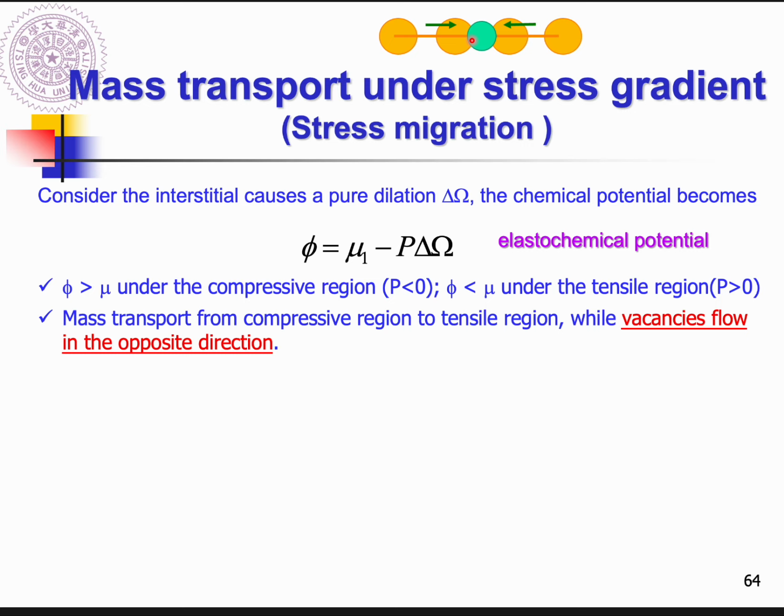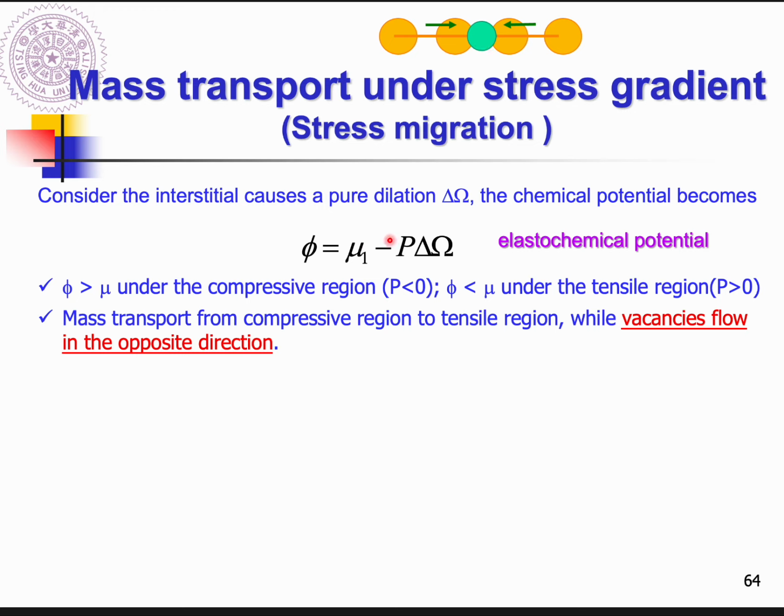So how about the chemical potential of the atoms located in this compressive region? Do you expect it to be larger than mu1 or smaller than mu1? I would say larger, because we perform extra work to insert this atom inside this region, right? So the potential of this atom is definitely larger than mu1.